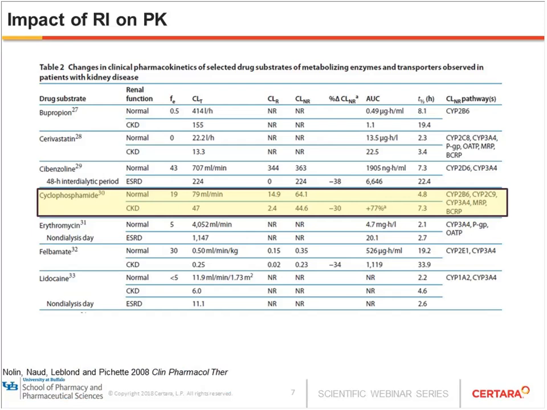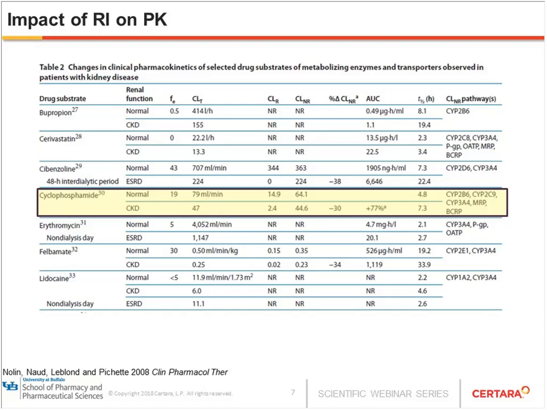I've highlighted cyclophosphamide here right in the middle of the table, and what we're looking at is PK parameters in a normal population and a CKD, or chronic kidney disease, population. If you look, it's right around the center at total clearance, you can see that in a normal population, the total clearance of cyclophosphamide is around 80 milliliters per minute, but in the CKD population, total clearance is only 47 milliliters per minute.